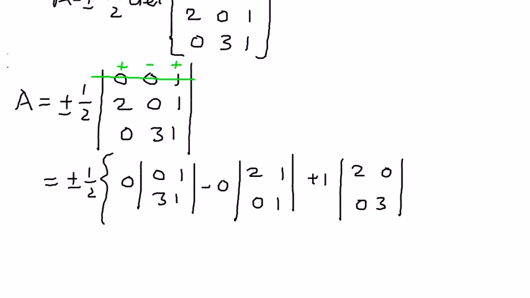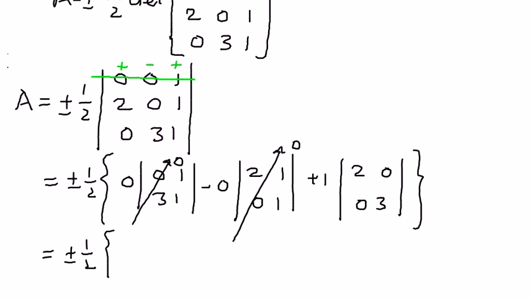And now we can simplify this, and as we know, 0 times the minor will go to 0, and therefore the only information we need to simplify is this: plus 1 times 2 times 3 is 6, and 0 times 0 is 0. So when we simplify this, we're going to have plus or minus 1/2 of 1 times 6 is 6.